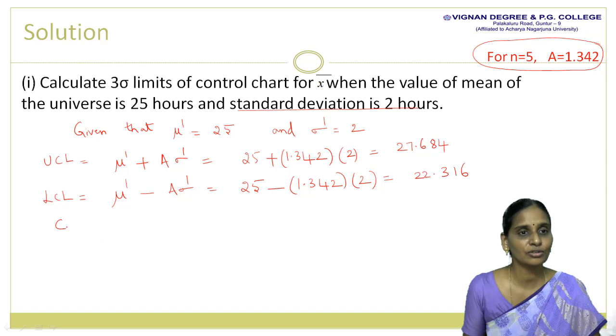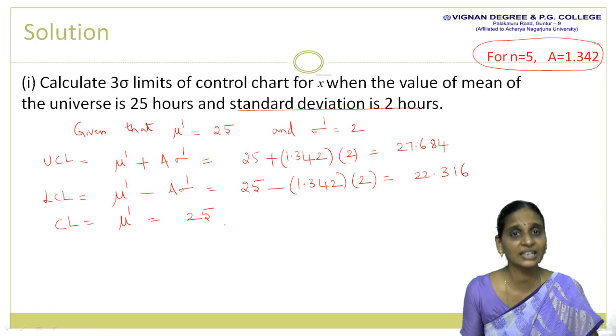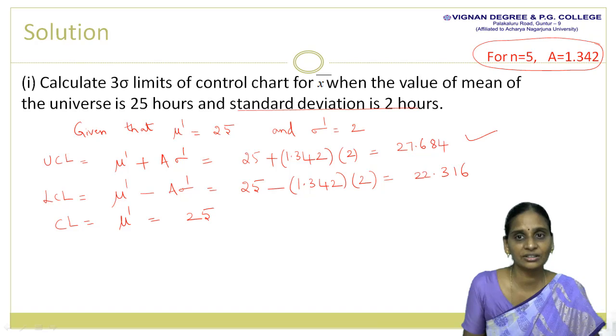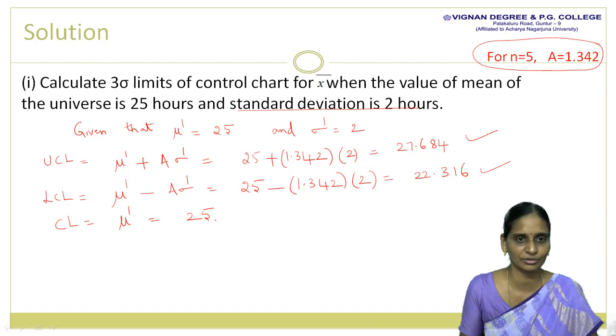And the value of CL is the average value, that is mu dash, which is equal to 25. So these are the control limits for the control chart for X bar when the values of the mean and standard deviation are known. These are the 3 control limit values for X bar chart.